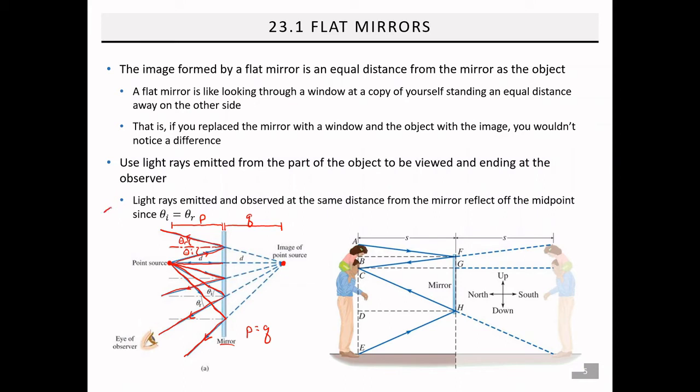This last bullet point is a consequence of the law of reflection. It says that basically you have a light ray that comes off of an object, like this man's shoes. The light ray is going to eventually go into his eyes. In order for that to occur, the light ray has to bounce off the mirror at the point that's halfway between his eyes and his feet.